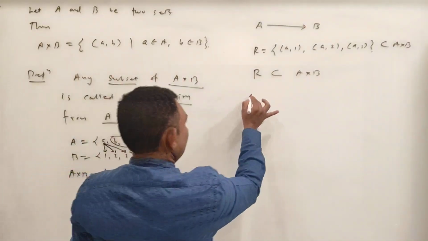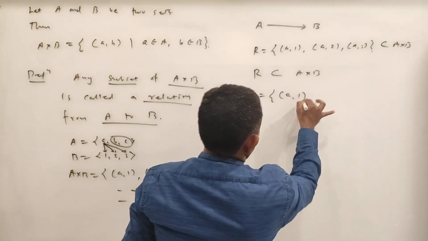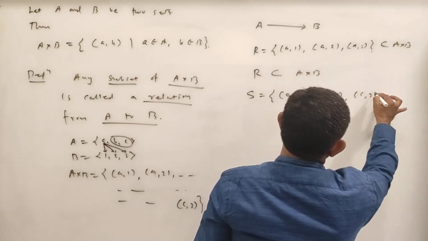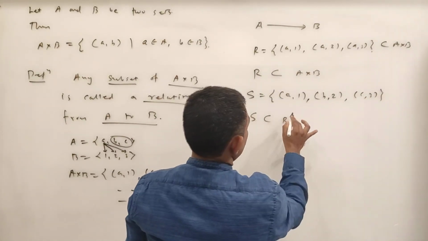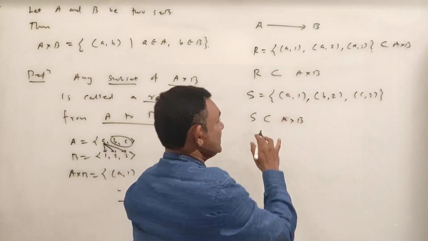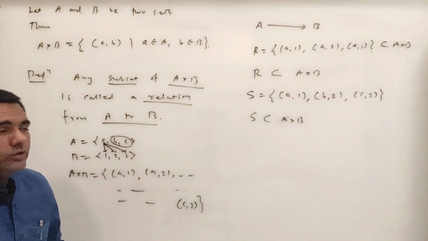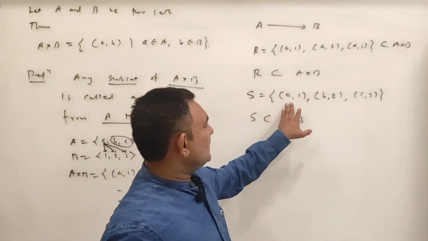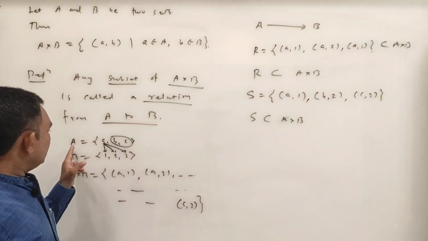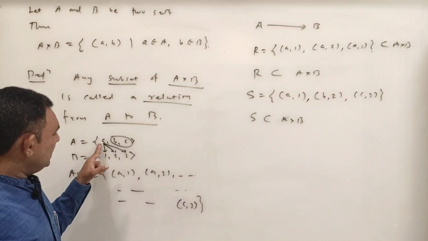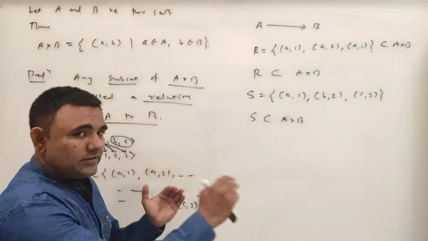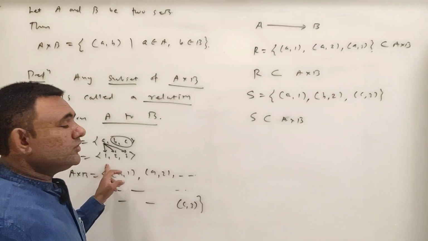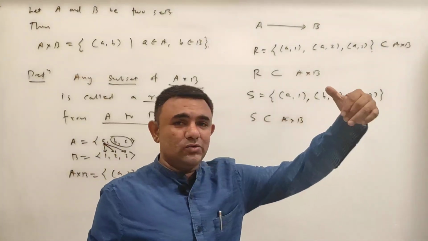And suppose you have S equal to {(a,1), (b,2), (c,3)}, then this is also what? S is also a subset of A cross B. So S is also a relation from A to B. So here we may also have some rule. So what rule can we make here? If you order the set in this way, a, b and c, then 1, 2 and 3, then the first element is related to the first, second is related to second, and third is related to third.